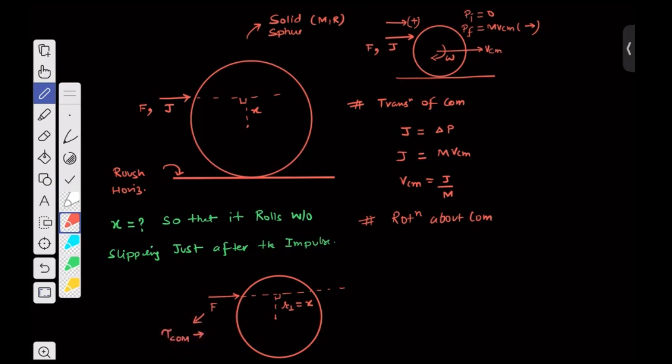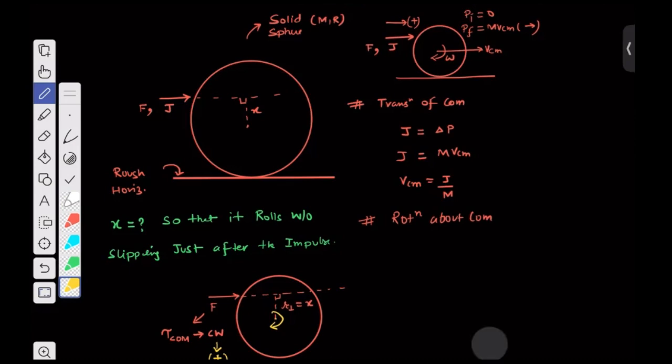Is it going to be in the clockwise direction? After the impulse, it rotates in the clockwise sense, as we have assumed. So there is only one torque whose sense is clockwise, so we will take that direction as positive.